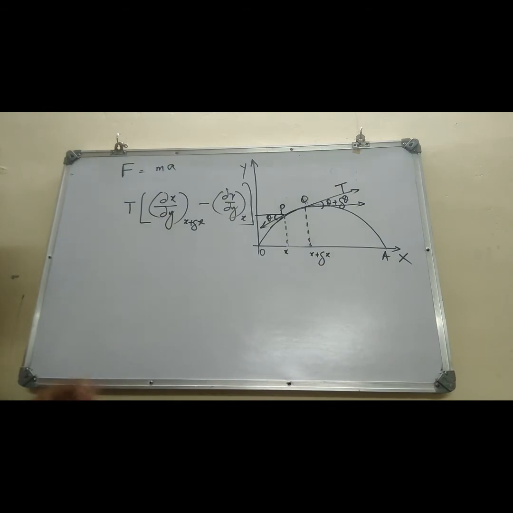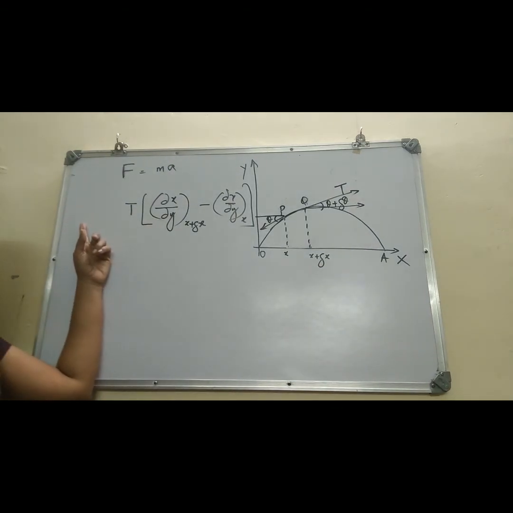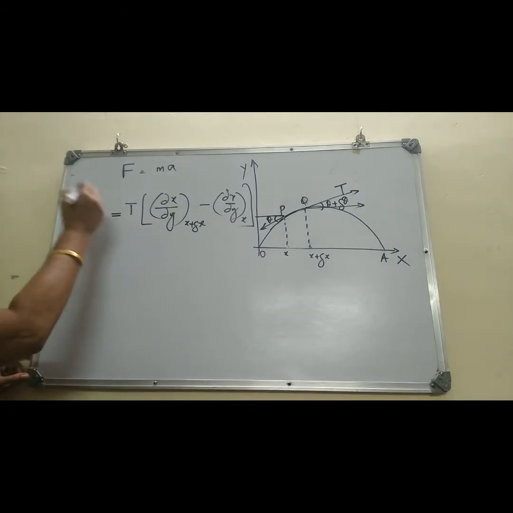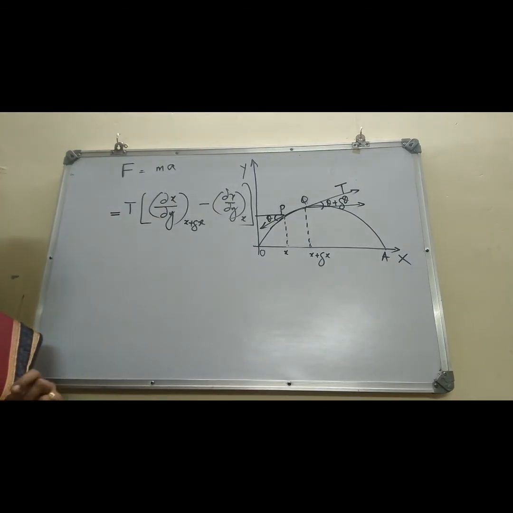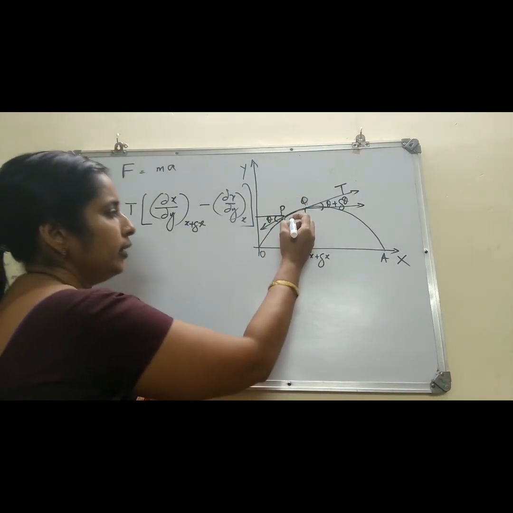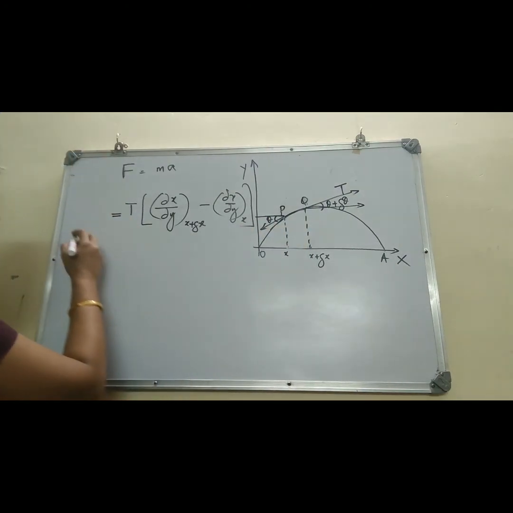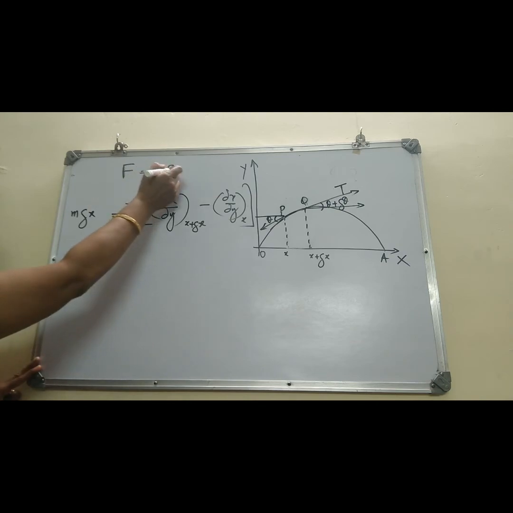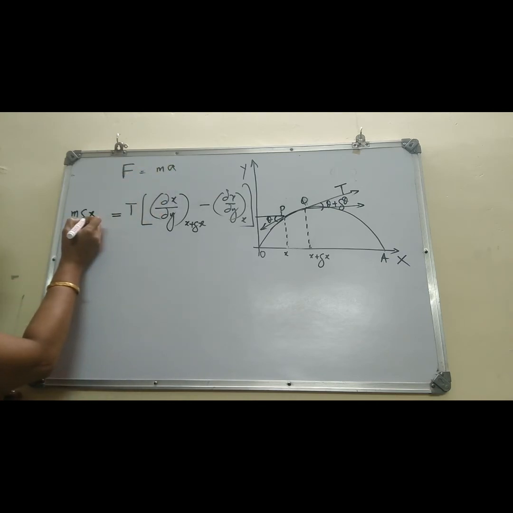By Newton's second law of motion, this is ma, where a is its acceleration. Suppose m is the mass per unit length of the string. Then the mass of the element PQ is m into delta x, and the acceleration is ∂²y/∂t².